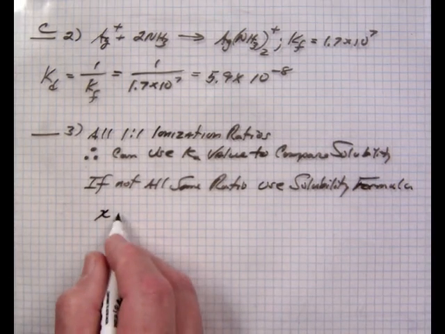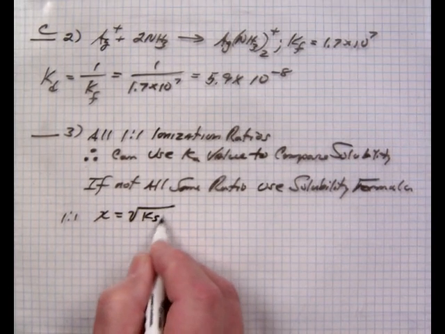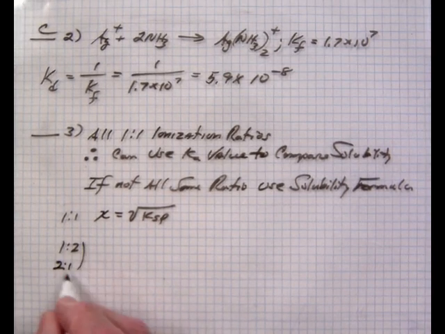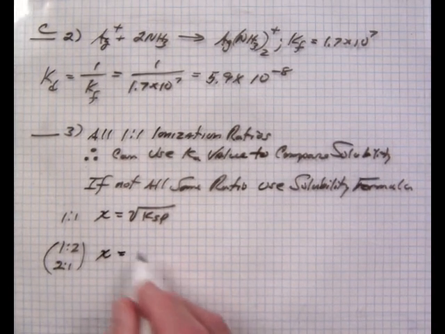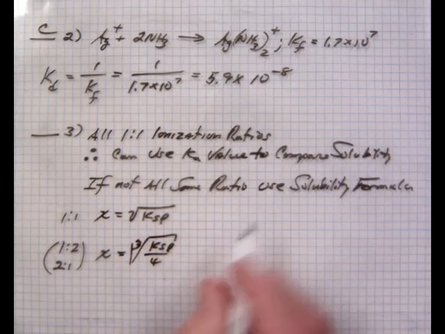And for a 1-to-1, X is the square root of Ksp. For a 1-to-2 or 2-to-1, X is the cube root of Ksp over 4.